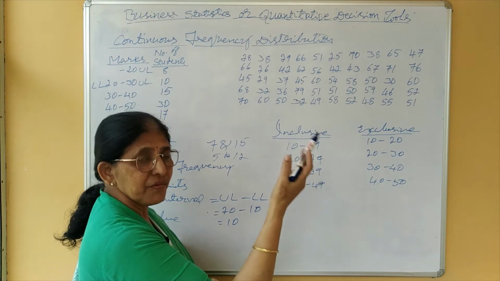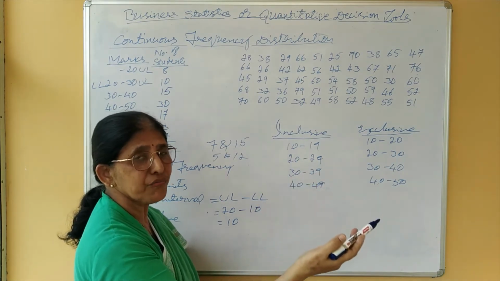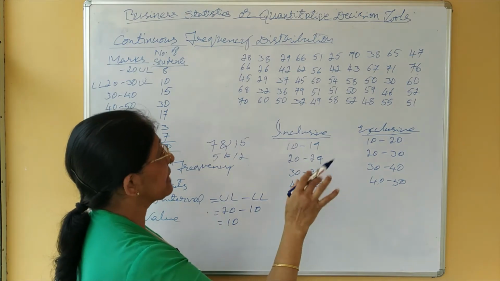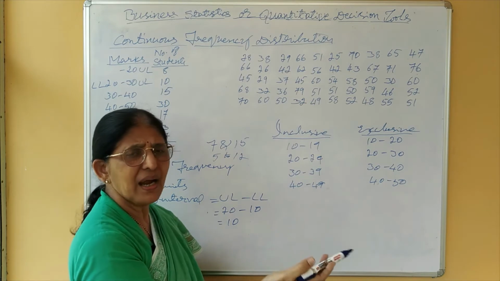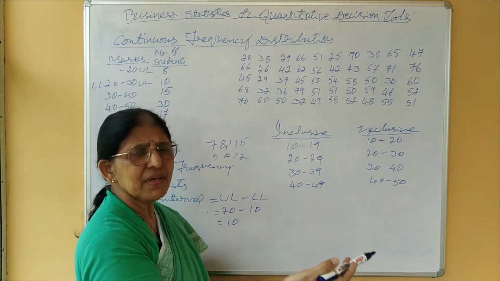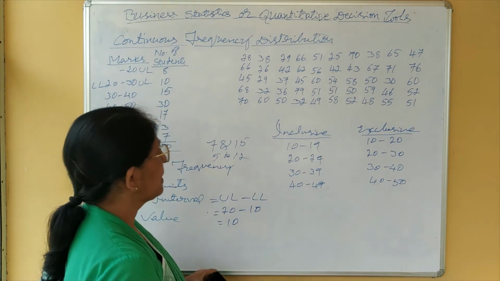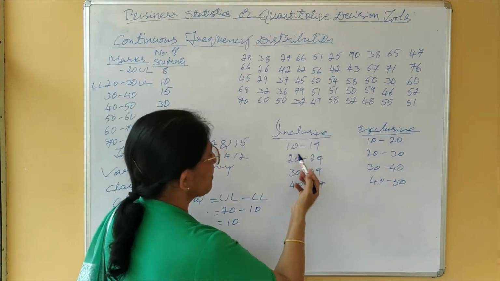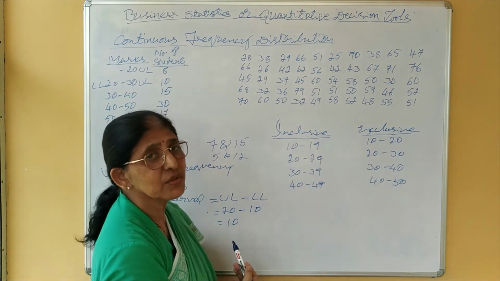It may be 5, and as I have told you, if it is less than 5, you may take 2 or 4 as per convenience, an integral value. It may be 10 or 20 or 25, 50, 100, 200 or even 1000; it must be in multiples of 5 or 10, that's all. Now, when classes are given under the inclusive method, how do we convert them into the exclusive method?